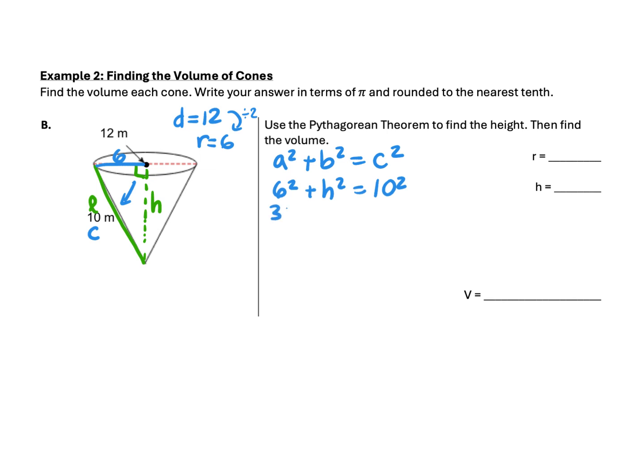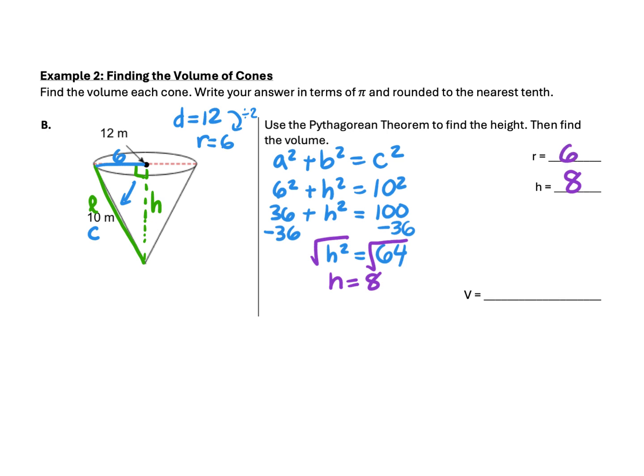We'll do our Pythagorean theorem like we've been practicing for the last several months. And I'm going to get my h squared alone by subtracting 36 on each side. H squared is 64. To undo the squared, we'll square root. That's the inverse operation of squared. Now we have H equals 8, and that's everything we need to calculate the volume.